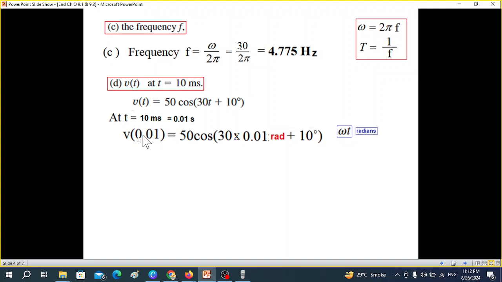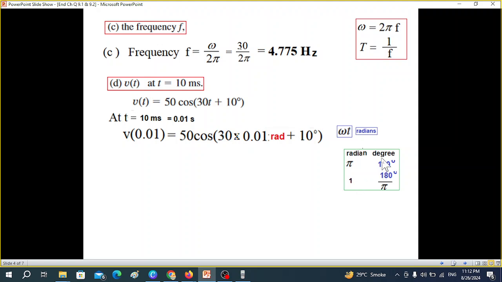The equation will be v(0.01) = 50 cos(30 × 0.01 + 10°). And as we discussed earlier, omega t is in radians, and this is 10 degrees. So as we mentioned, we have to convert one of them. It is easier and preferable to convert radians into degrees.